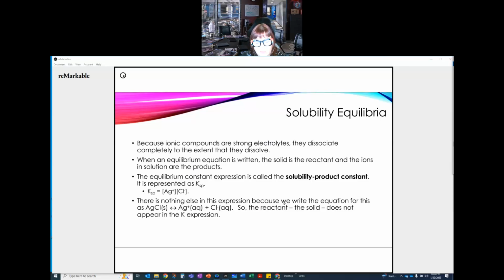Now, when our equilibrium equation is written, the solid is the reactant and the ions are the products, because we want something that we can work with.